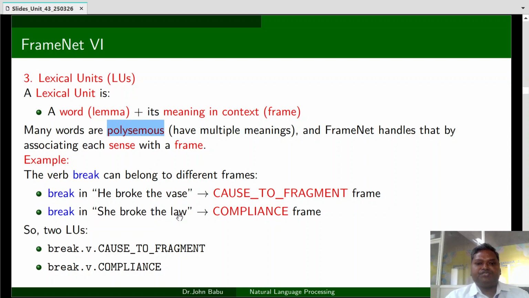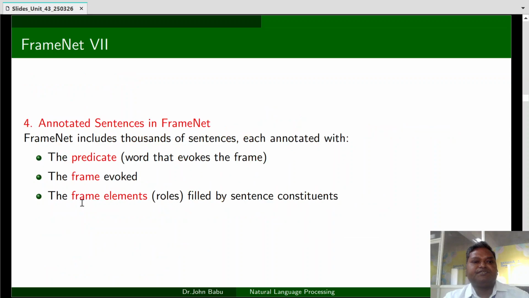Break in the second sentence will evoke the compliance frame. So we have two lexical units here: break, cause to fragment, is one lexical unit, and break, compliance, is another lexical unit. These are known as lexical units. You can say that FrameNet consists of many lexical units.